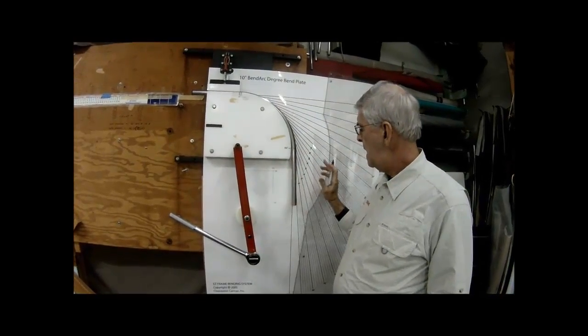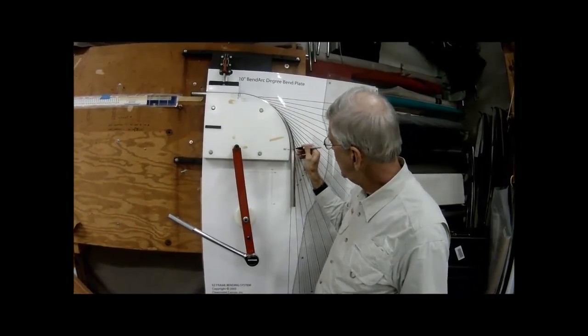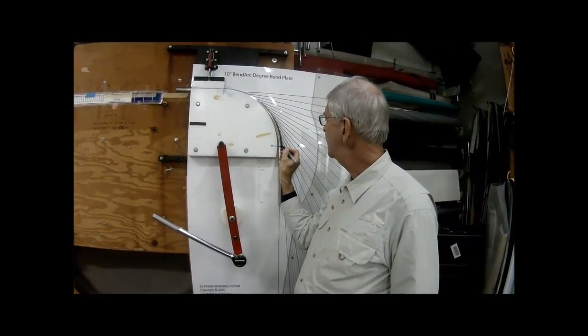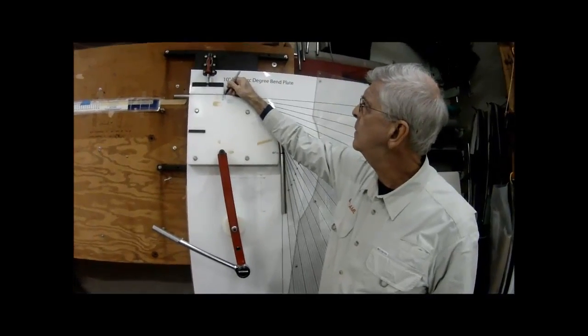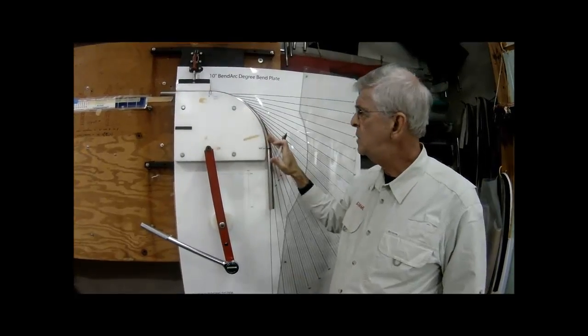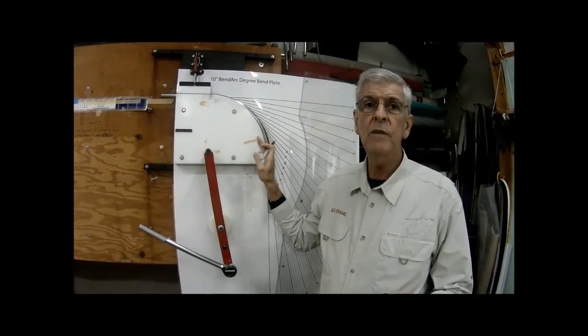We make a bend mark right here on the tube. Now we have a starting bend up here and an ending bend here. We want to make sure all of our measurements are inside of these two marks, so that we're inside the curved area to take a radius calculation.